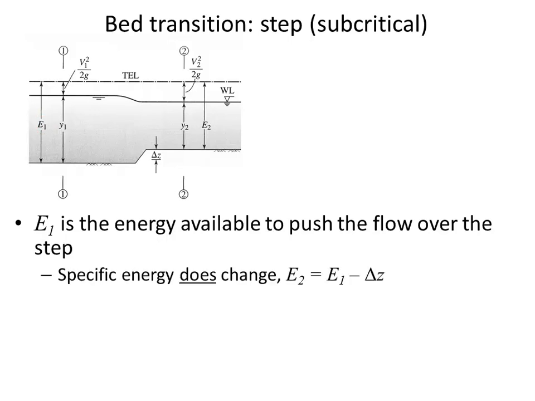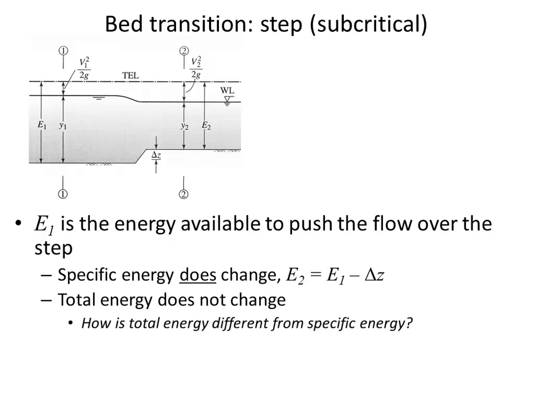What's going to happen is that the specific energy does change by delta Z. There will be less specific energy at 2 than there was at 1 because of the step up. But the total energy doesn't change. The total energy relative to the datum that is horizontal doesn't change.